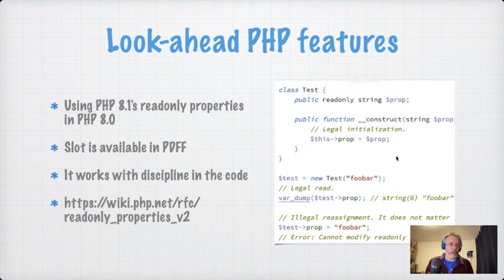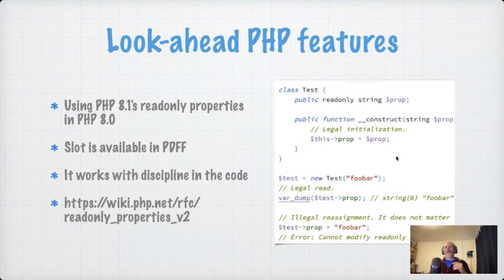Of course, PHP 8 is not going to run with read-only because it's not there, but if it's checked to be read-only, and it does not only rely on the discipline you have in the code to have a read-only property, then basically we are bringing back a PHP 8.1 feature and having it run on PHP 8.0, because if you do not change the property once it has been set, well, you have a read-only, except it doesn't have the tag next to it.